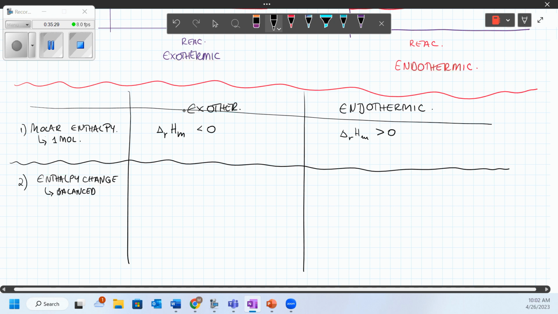You write the reaction as reactants and then products, and then you express the enthalpy as negative on the side of the reaction.